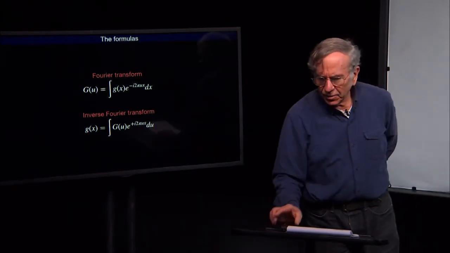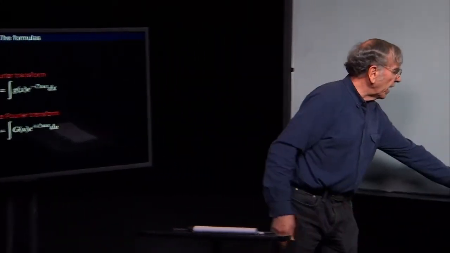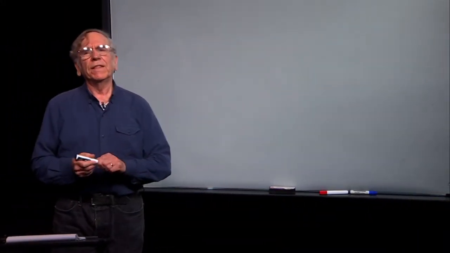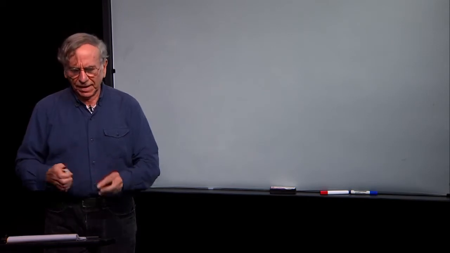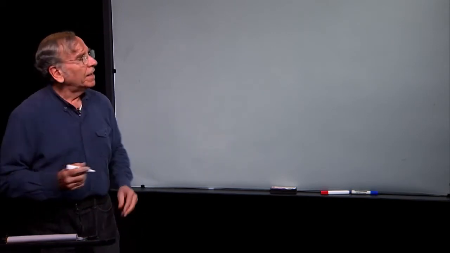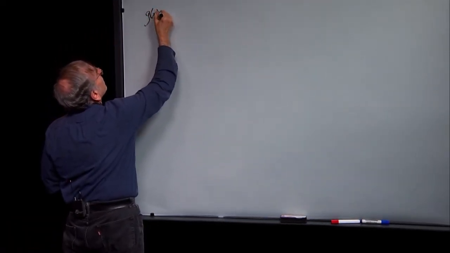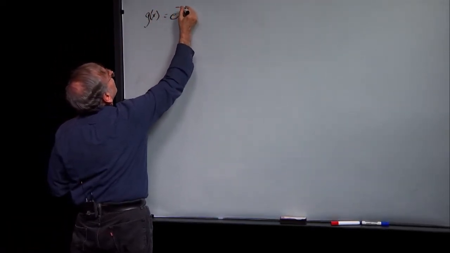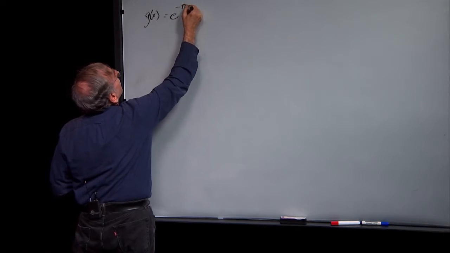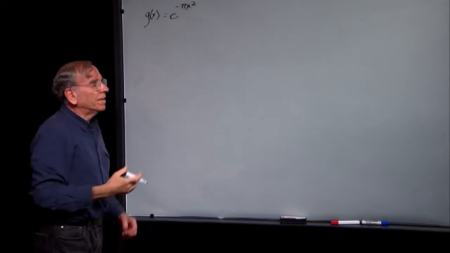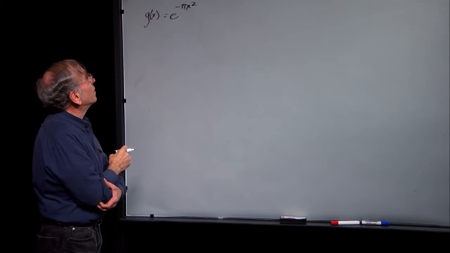So let's do an example. And the example I'm going to start with is this Gaussian function. As you'll see, it turns out to be a particularly elegant case. So I'm going to let g of x be e to the minus pi x squared. So that's our Gaussian function.